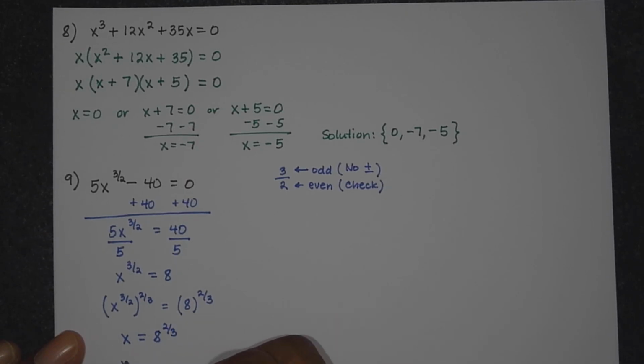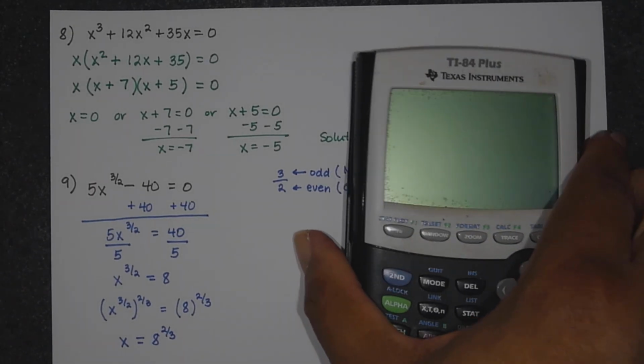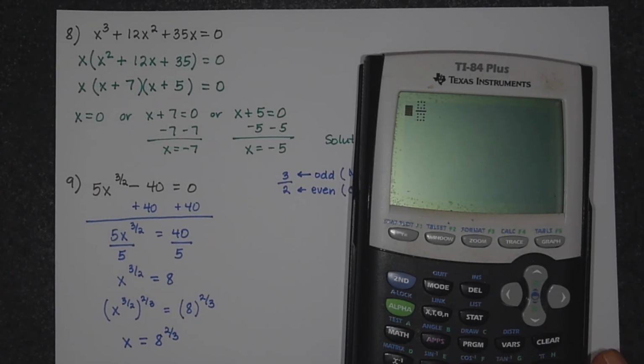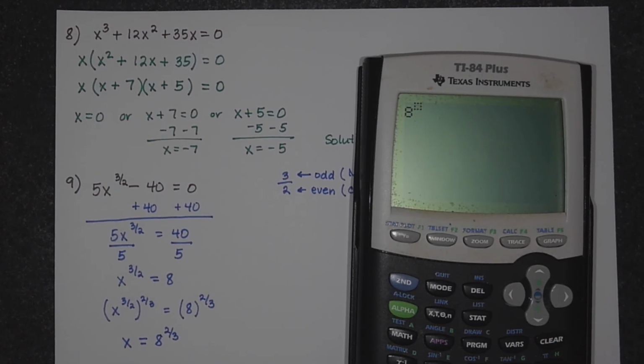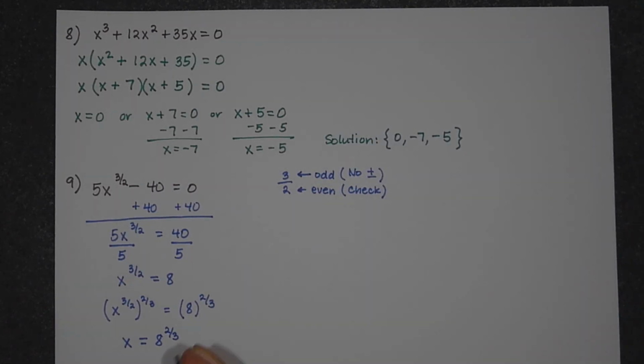You can do this in the calculator by typing in the following. Press the number 8 and then the hat key for your exponent. 2/3 will be 2 divided by 3, and then hit enter. It'll give you the answer of 4. So that means x equals 4 is my proposed solution.